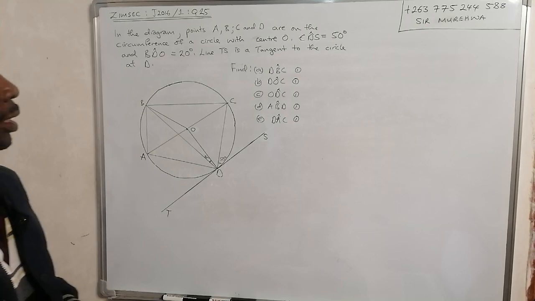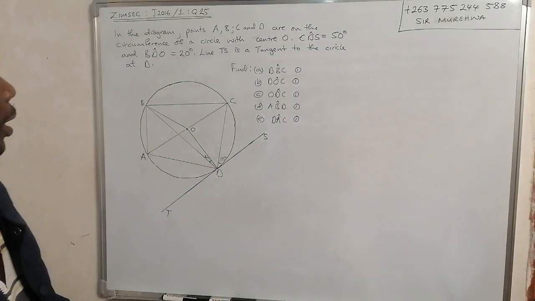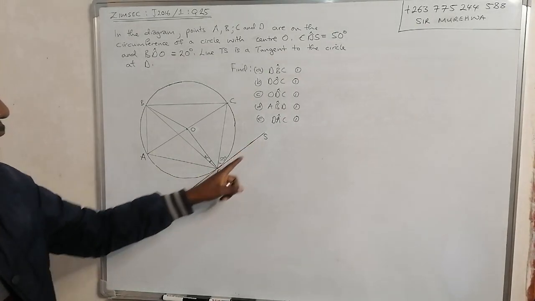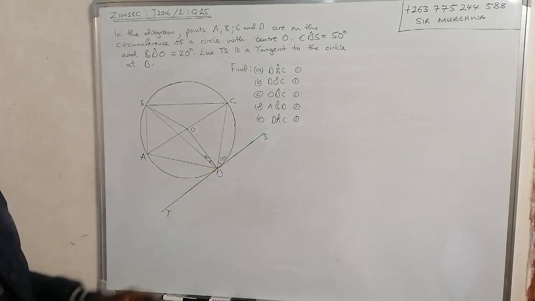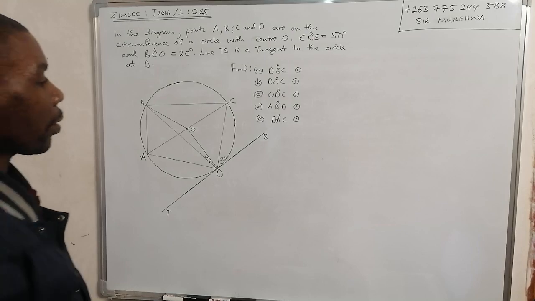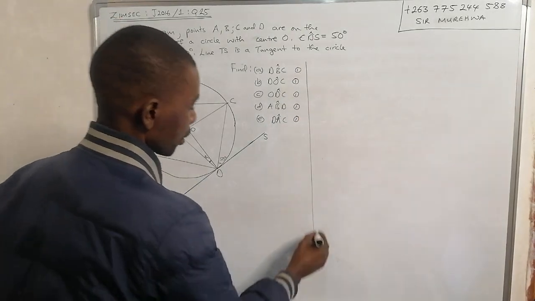Line TS is a tangent to the circle at D. So we have about 5 questions here.